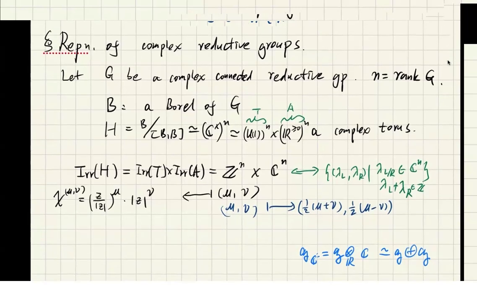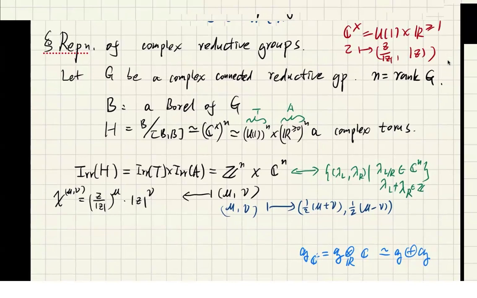C cross is U(1) cross R greater than or equal to 0, which maps a to its angle and its modulus, the angle direction and the modulus direction. So this is a group homomorphism.